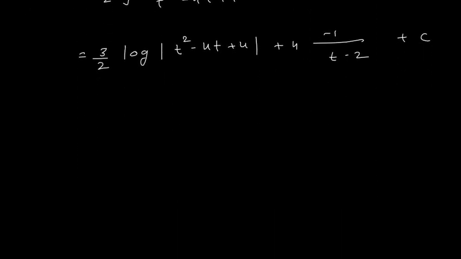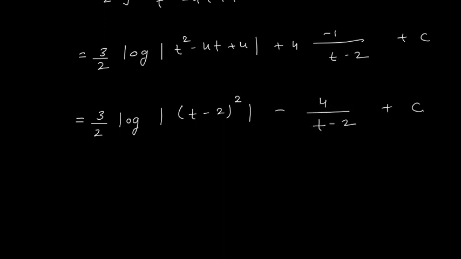The denominator can also be written as t minus 2 the whole square, so the 2 comes in front using the property of log.